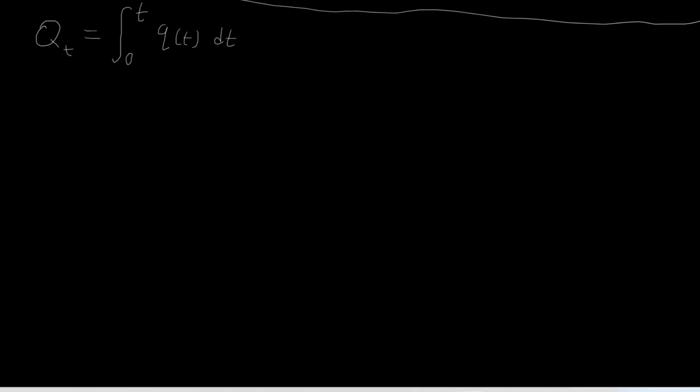Now let's start solving. Since we are dealing with hyperbolic, in this case, our expression is going to be qi times 1 plus alpha t raised to power minus 2, dt.